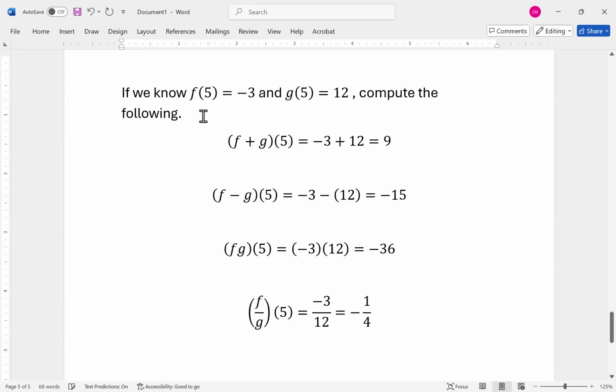So like both the last example and this example show, as long as I know where f and g send a certain value, I can figure out where the sum sends the value, where f minus g sends the value, where f times g sends the value, and where f divided by g sends that value.